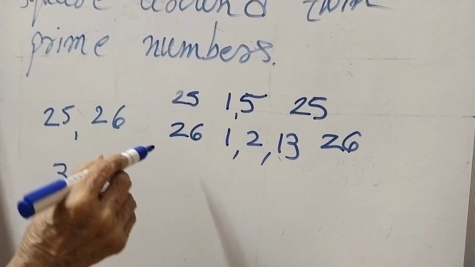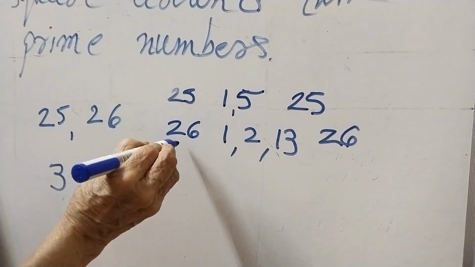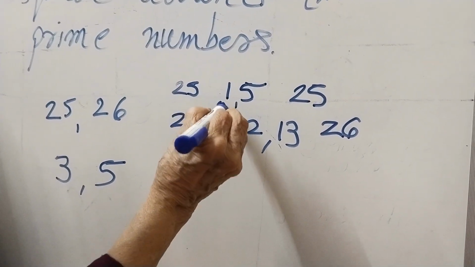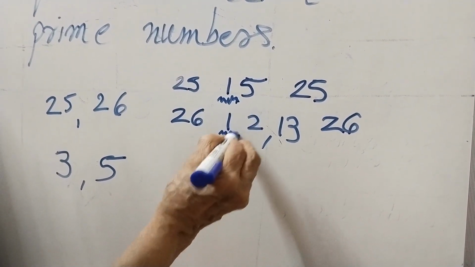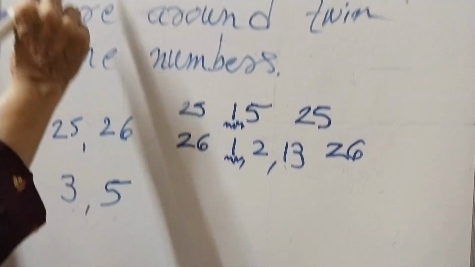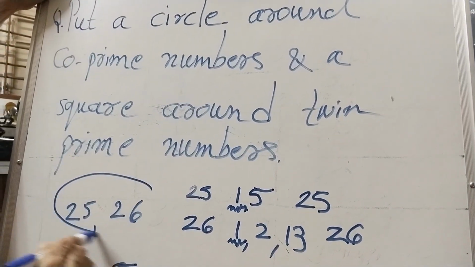So we can see that 25 and 26 are consecutive numbers. Plus they have got only the number 1 as the common factor, and hence 25 and 26 are co-prime numbers, and we are supposed to put a circle around them.